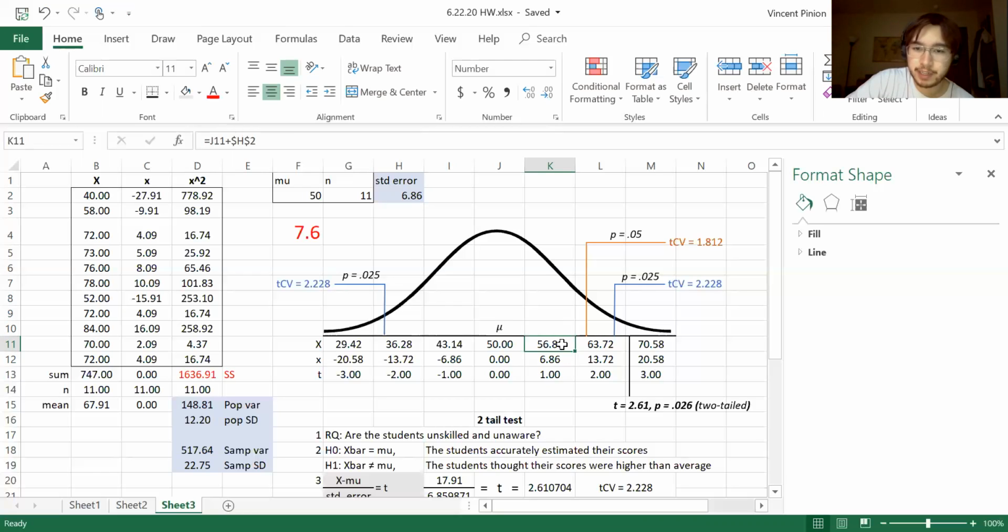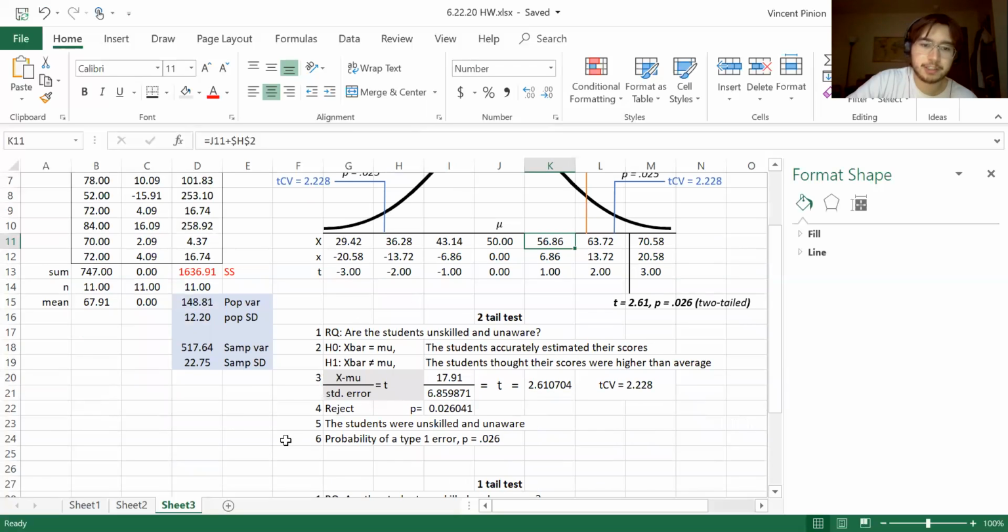And then 56.86 plus 6.86 again is 63.72. And then we go that way, and then we subtract 6.86 going this way. Same thing here: we start at 0, we add 6.86, 6.86, 6.86, and then we subtract going this way, and then we just have our t-scores on the bottom. So 1, 2, 3, 1, 2, 3. That's all. It's always 1, 2, 3.